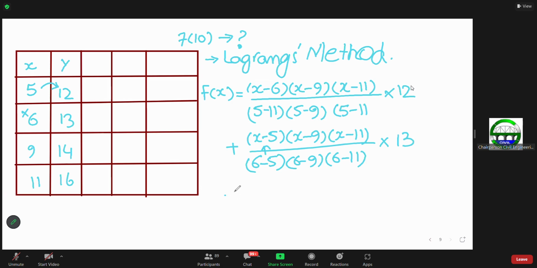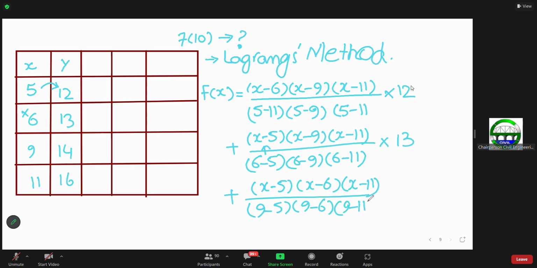Okay, plus hide this one. Let's say we hide 9. So what we're gonna do, x minus 5, x minus 6, x minus 11, and then 9 minus 5, 9 minus 6, 9 minus 11, and multiplied with 14, correct?